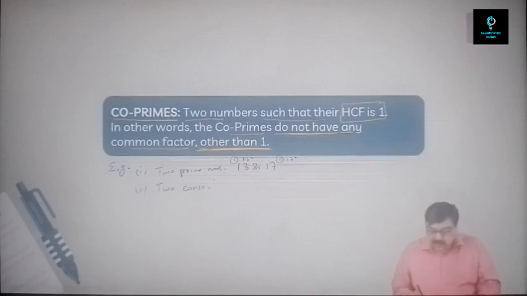Second, two consecutive numbers like 24 and 25. Again, 24 has a lot of factors like 1, 2, 3, 4, 6, 8, 12 and 24. And 25 has only three factors, 1, 5 and 25.